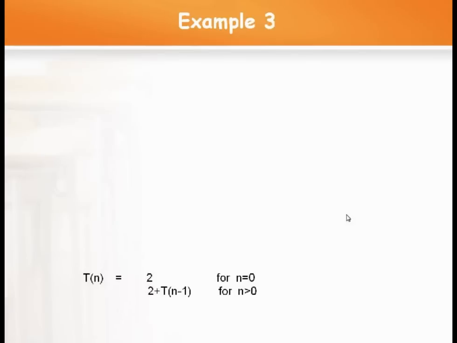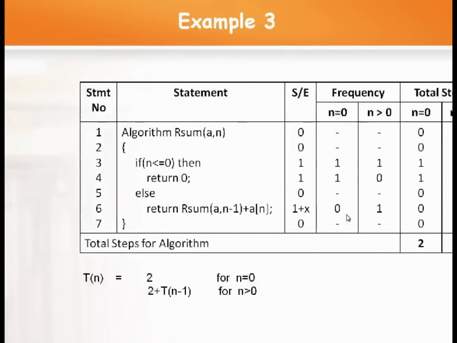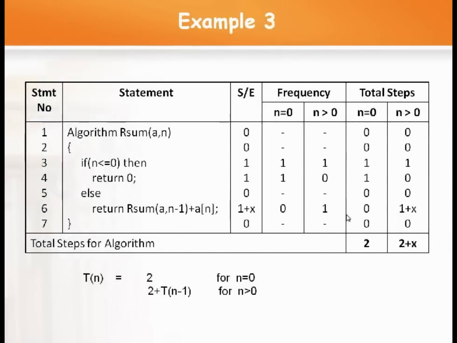Now let us see how to calculate the time complexity for a recursive algorithm. If I consider the recursive sum for the n elements in an array, if there are no elements, then return 0. If there are more elements, you calculate a of n plus the recursive sum. The executable steps are: if n equal to 0 is an executable step, return 0 is an executable step, and return rsum of a, n minus 1, plus a of n is an executable step.